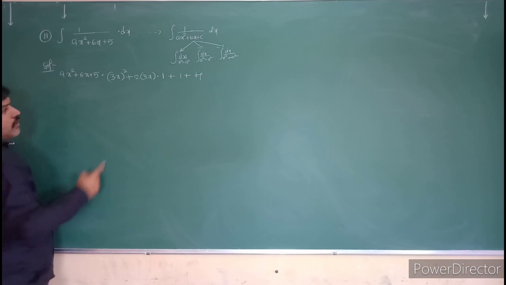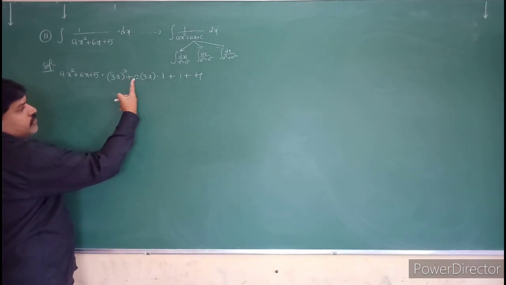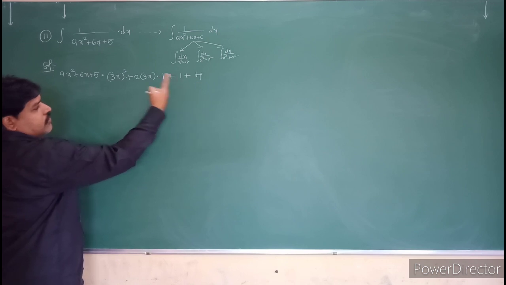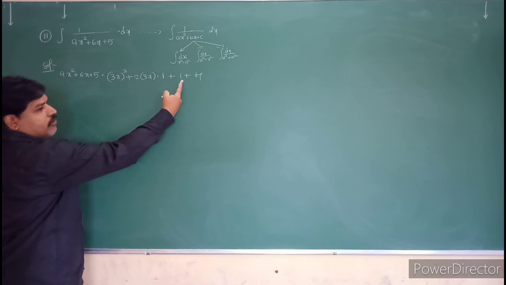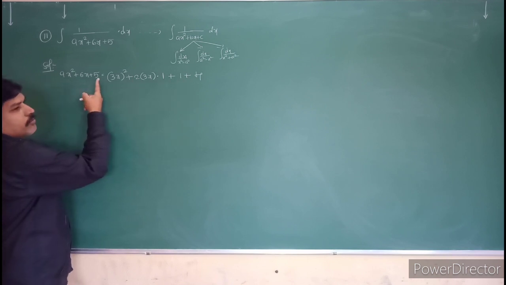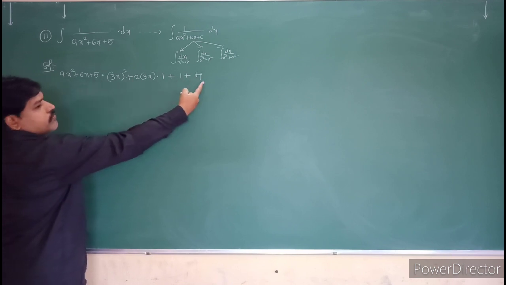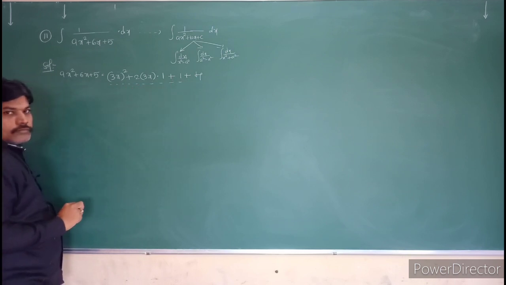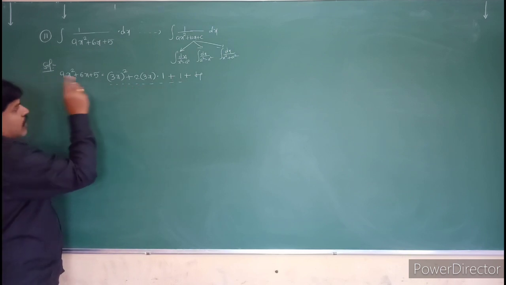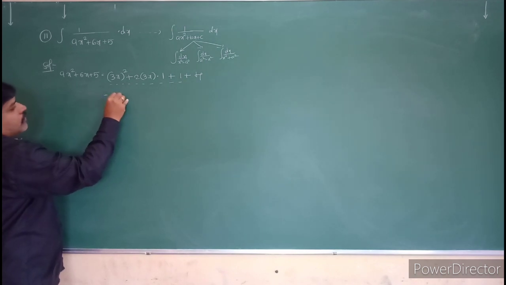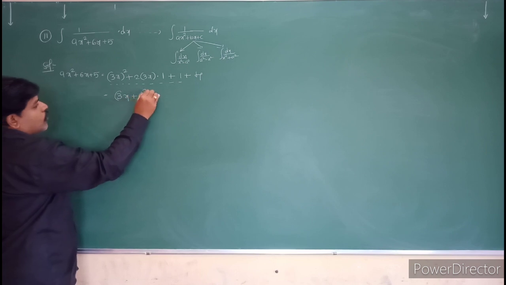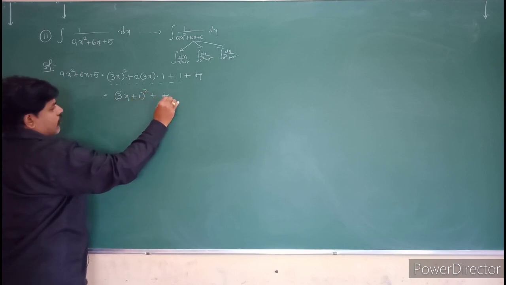Why have I written this? a square plus 2ab plus b square. The b value is 1, so I need 1 square, so I took 1 from the 5. So 1 plus 4. If you take these three terms, it will become 3x plus 1 whole square plus 4.